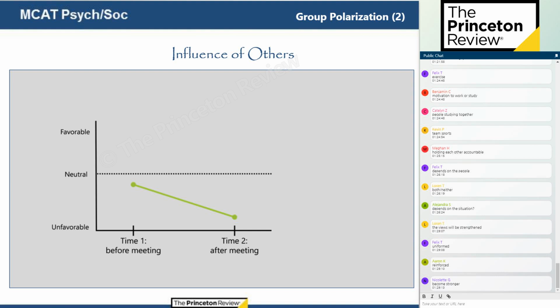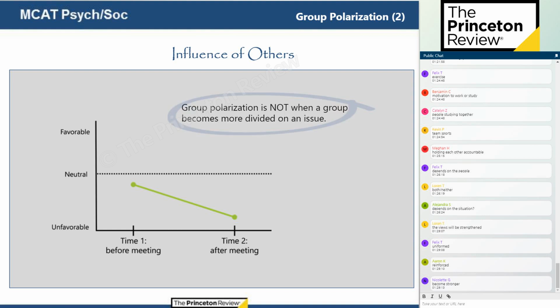We don't think it's just horrible, but no, I'm not so up on it. After the meeting, everybody's convinced it's the worst idea in the world, right? Okay, group polarization is not about splitting the group. It's about moving the group further along the line of thinking that they already had.